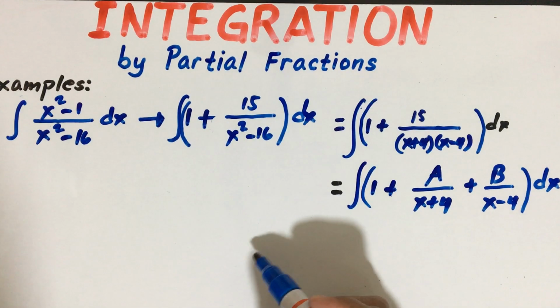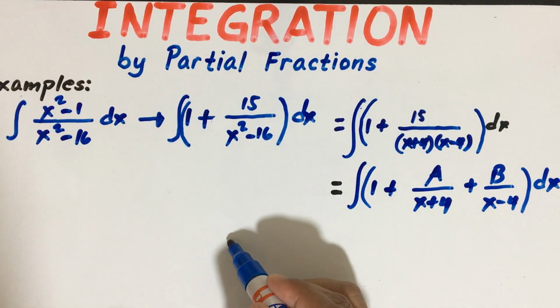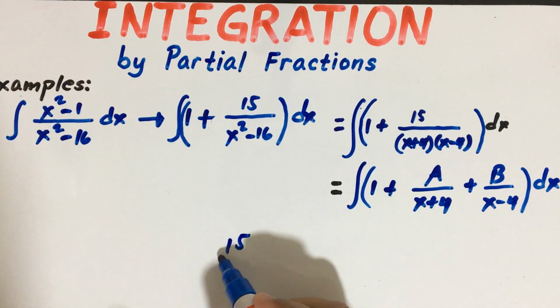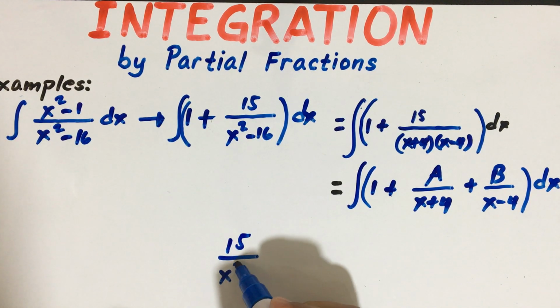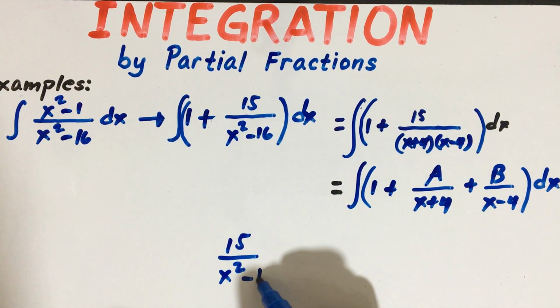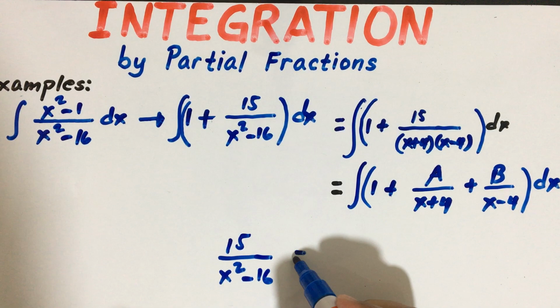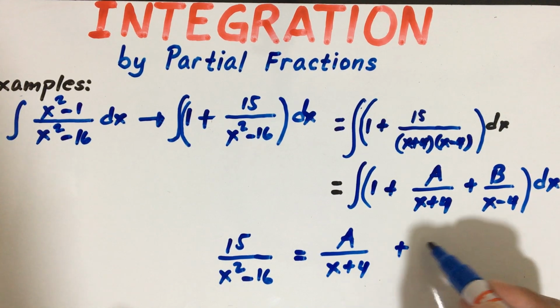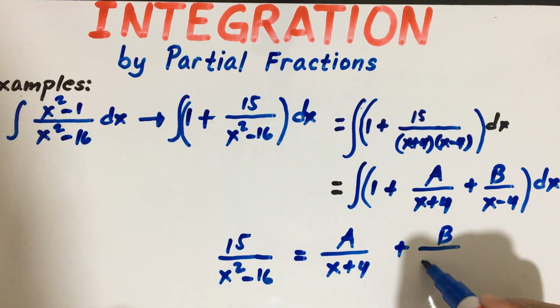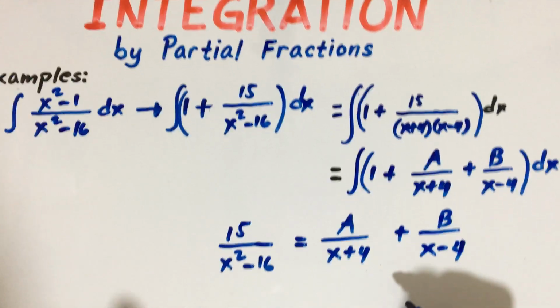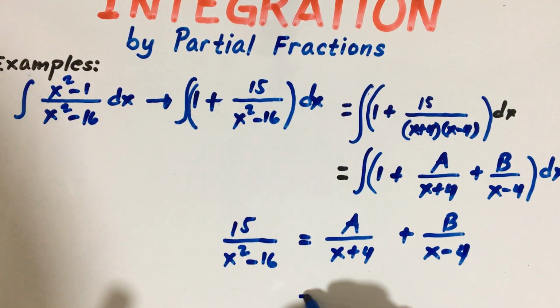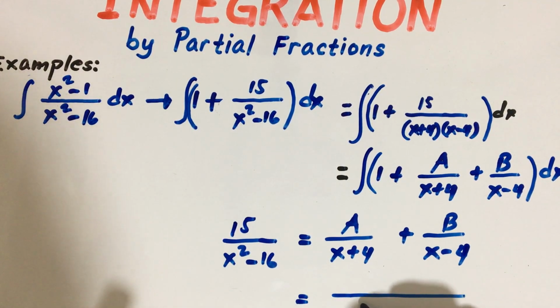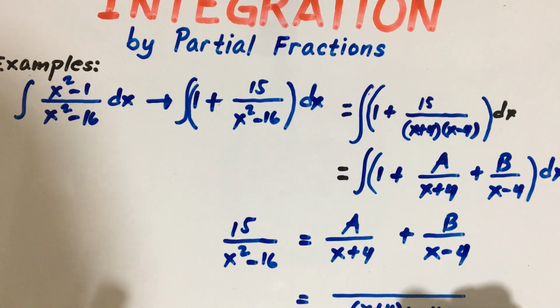So we have 15 divided by x squared minus 16 equal to a divided by x plus 4 plus b divided by x minus 4. Then finding the LCD on the right side, we have x plus 4 times x minus 4.